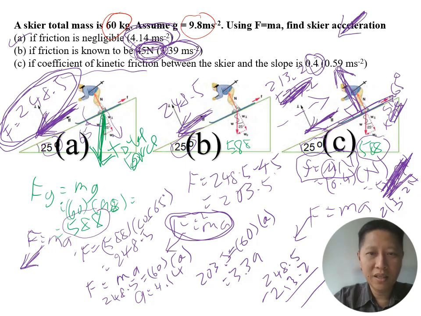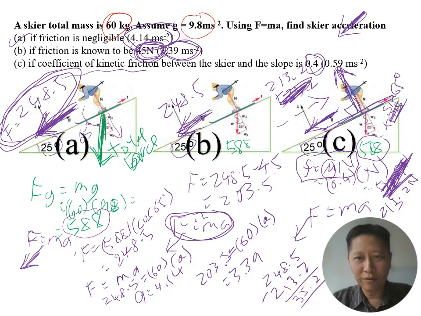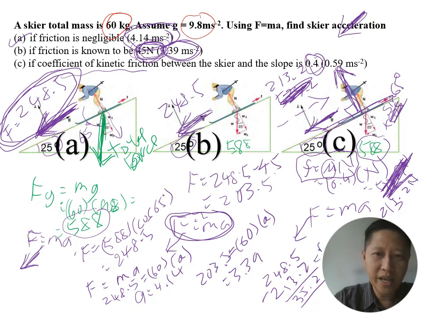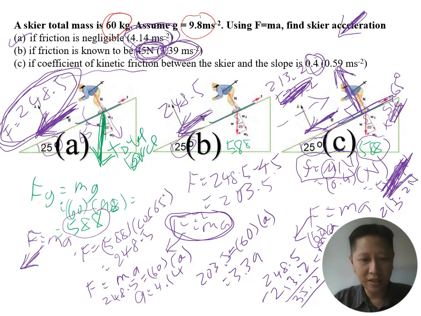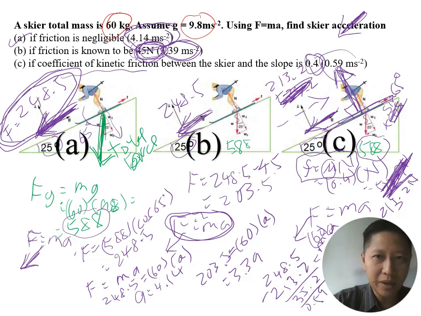The skier will say, I just feel 35.2 newtons. So that equals ma, with 60 kilograms, and we can find a equals 0.59, the same as this one here.